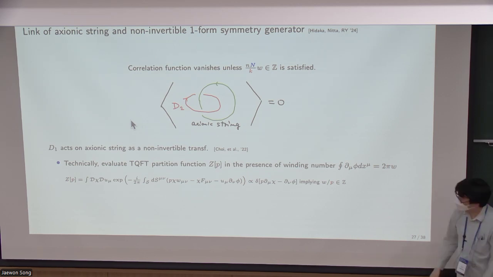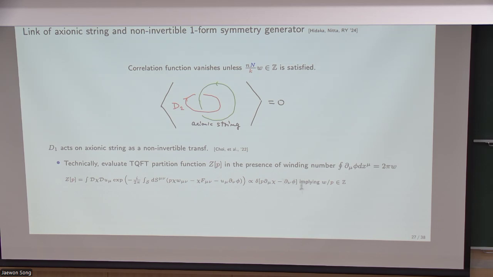So technically, we can evaluate the TQFT partition function in the presence of the winding number. In the presence of the winding number, the winding number exists in the partition function, and by summing over the dynamical variable u mu, we have the delta function, which constrains the configuration of the d mu chi and del mu phi.